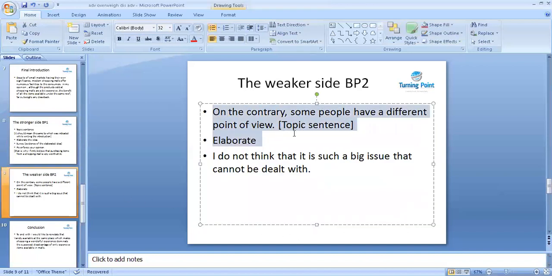This is someone else's opinion, and I know why these people have this kind of an opinion. So we say that on the contrary, some people have a different point of view. They think that shopping malls have more disadvantages. They think like this because only expensive items are available in the shopping malls.